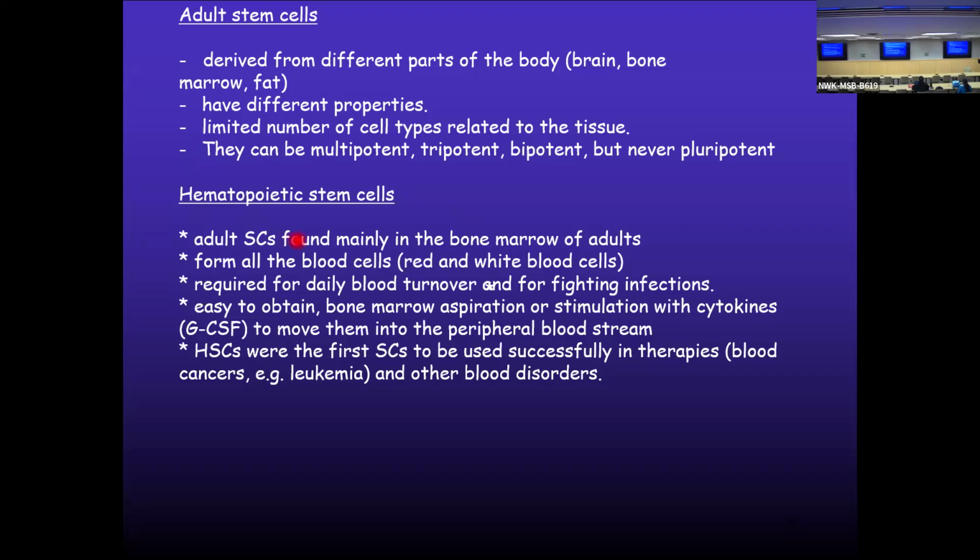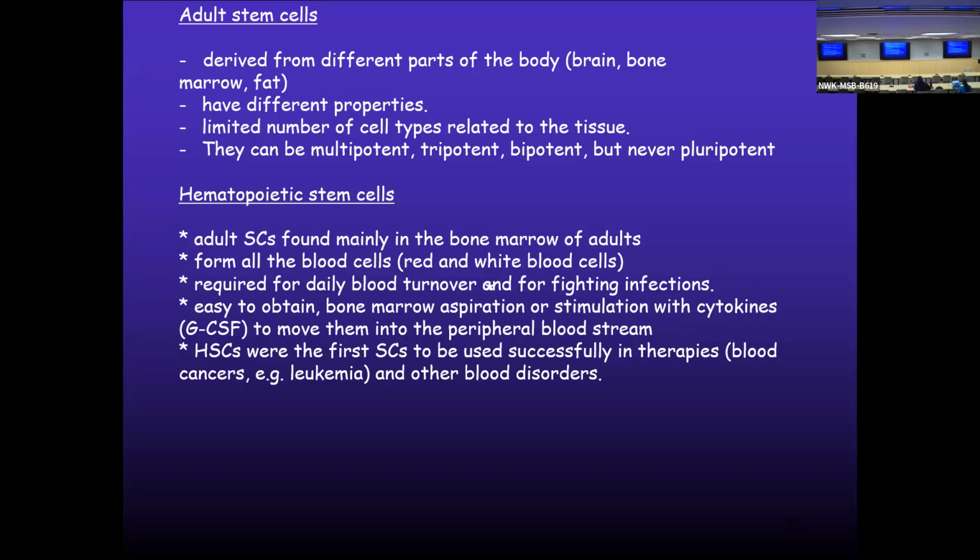These are adult stem cells found mainly in the bone marrow of adults. They form all the blood cells, red and white blood cells. We can make lymphocytes, for example, with the hematopoietic stem cells. They are required for the daily blood turnover for life, okay? And for fighting infections. And again, they have to create progeny, but they have to self-divide when the time comes, when there is a depletion of the pool of stem cells.